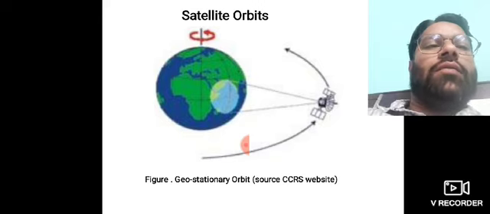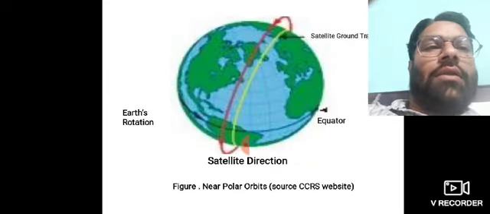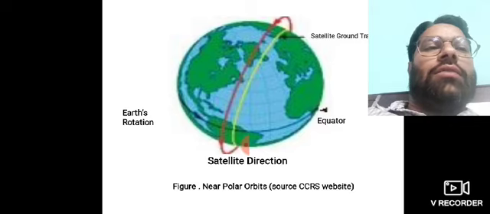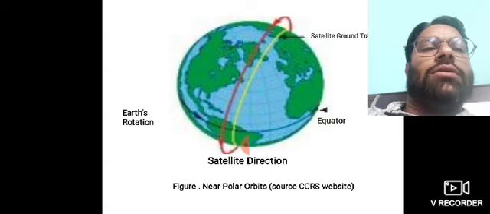It revolves with the speed of the rotation of Earth, and it revolves around the equatorial plane. In a polar orbiting satellite, the orbit moves from pole to pole, and Earth rotates perpendicular to the direction of the orbit of the satellite. So in every pass, the satellite records information of a different geographical area.